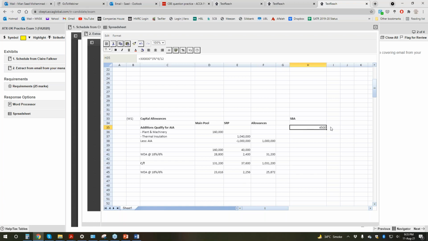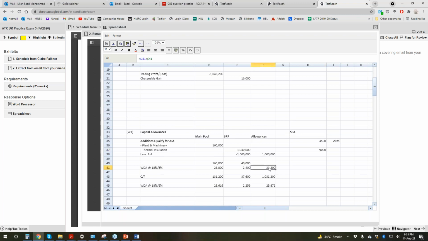And what about SBA? This is for 2021. SBA for 2022 will be 300,000 times 3% simply. Why? Because in the next year I can claim the complete allowance, that is 9,000.